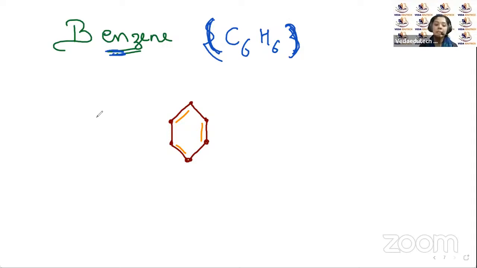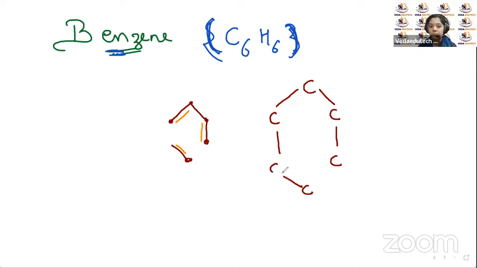So we have 6 carbons and 6 hydrogens. How are we going to make it properly? One carbon attached to a carbon, and this carbon attached to this carbon, and this carbon attached to this carbon. And every alternate carbon is having a double bond.